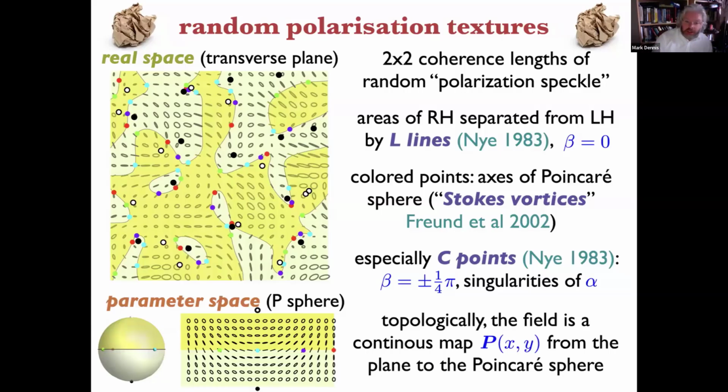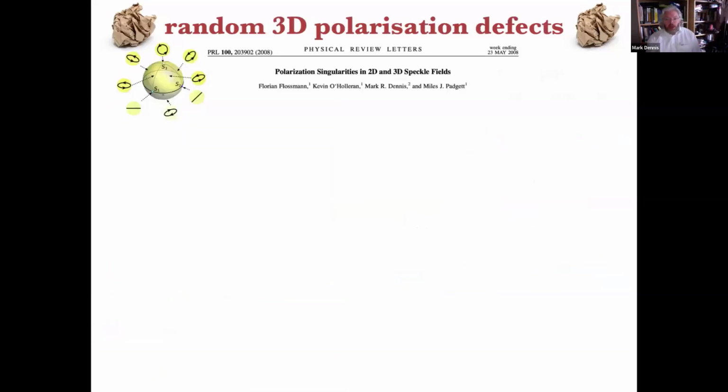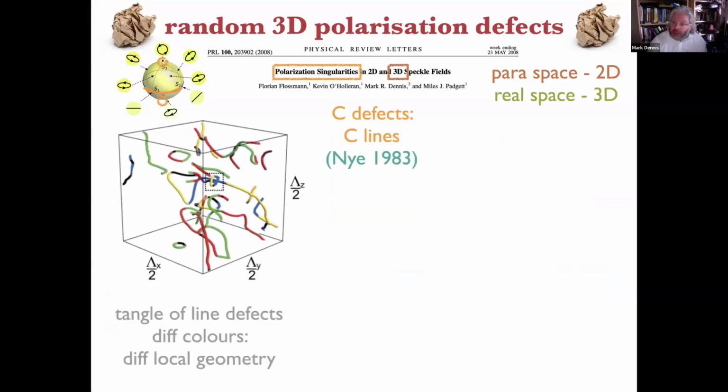So topologically, the field is a continuous map from our XY plane to the sphere as parameterized by the normalized Stokes parameters. Now, if we look at some special lines, we could look at them in 2D like I just did, or in 3D. So here's a random 3D polarization field. Actually, it's an experimental measurement.